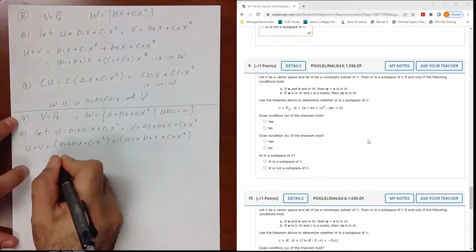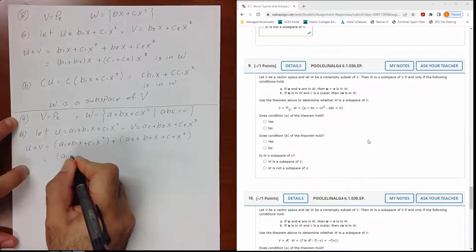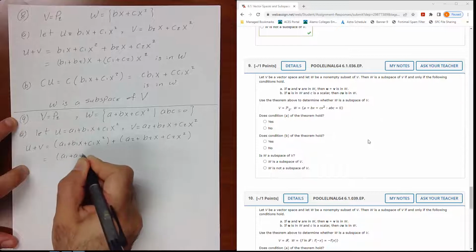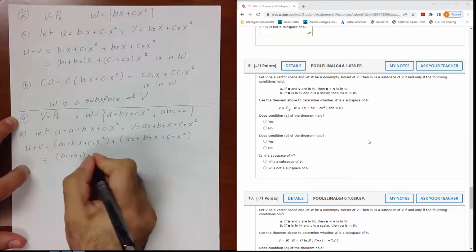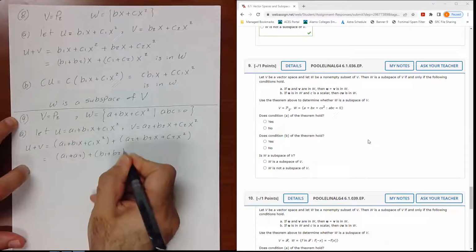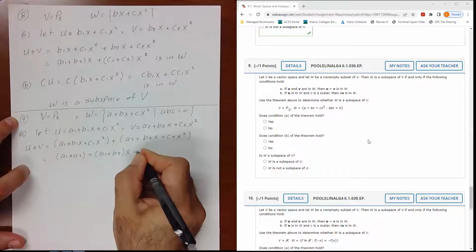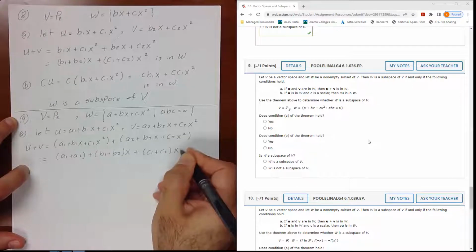So this one is going to be A1 plus A2 as a constant, plus (B1 plus B2) with the x, plus (C1 plus C2) with x squared.